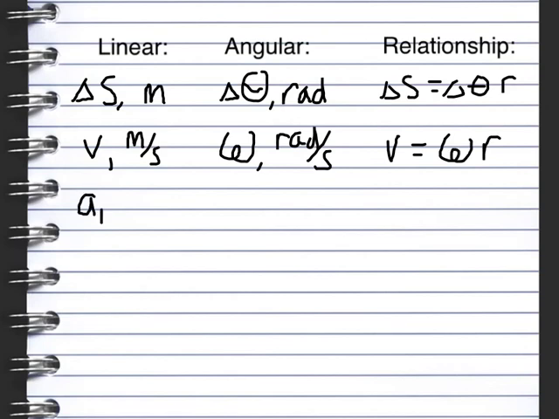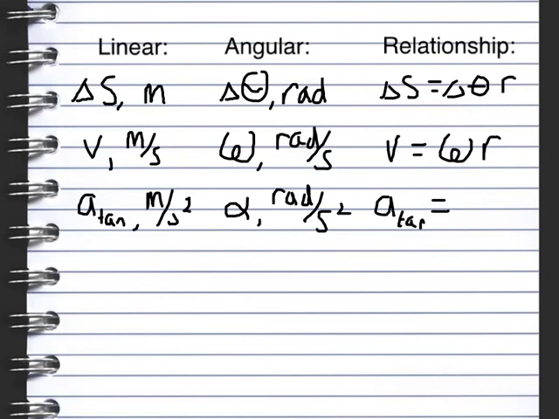Linearly, we can have a tangential acceleration, and that's in meters per second squared. The angular symbol is an alpha. The units are radians per second squared. And the tangential acceleration is equal to the angular acceleration times the radius.